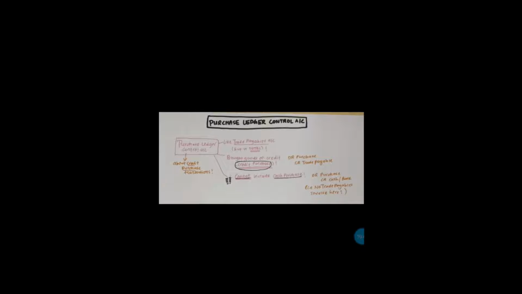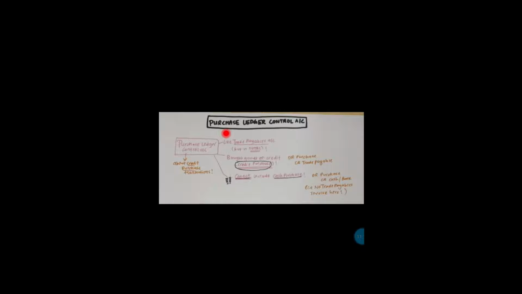Purchase ledger control account is when you buy on credit. What will be involved in the purchase ledger control account is only the trade payables. Trade payables, another name is the creditor or the credit supplier, the supplier whom you buy the goods on credit from.